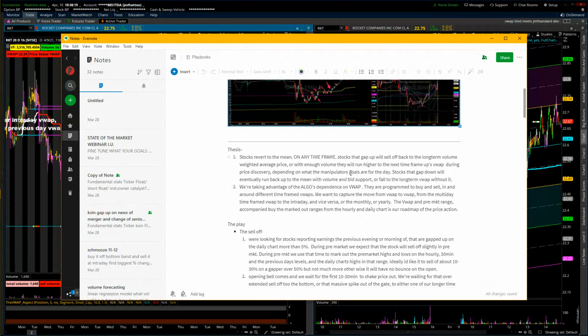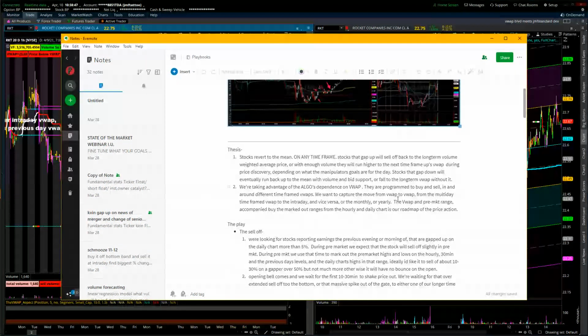Whatever the manipulator's goals are for the day, stocks that gap down will eventually run back up to the mean with volume and bid support. Or if they've gapped up, they will fall to a long-term VWAP without it. We are taking advantage of the algorithms' dependence on volume weighted average price. They are programmed to buy and sell in and around different time frame VWAPs.